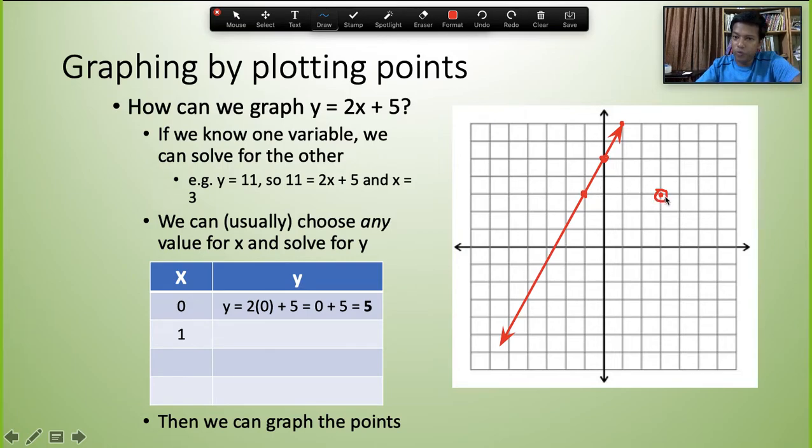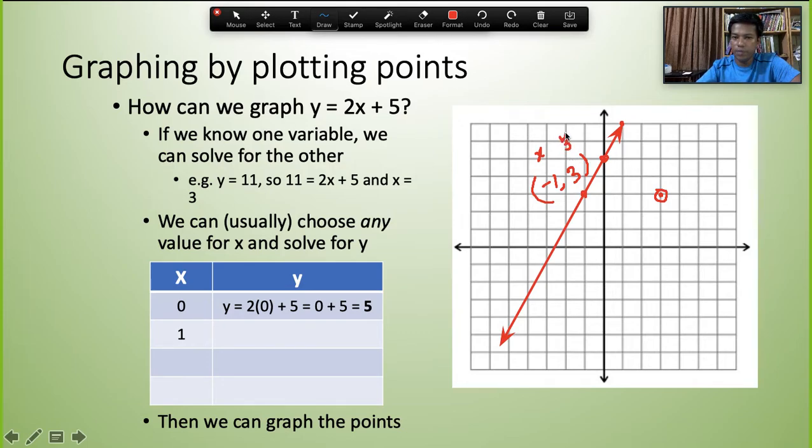Before we prove what the technique is, look at what happens here. This point is minus 1 comma 3, and we know that our graph passes through this point. This line passes through this point. So this minus 1 is actually x, and this 3 is actually y.